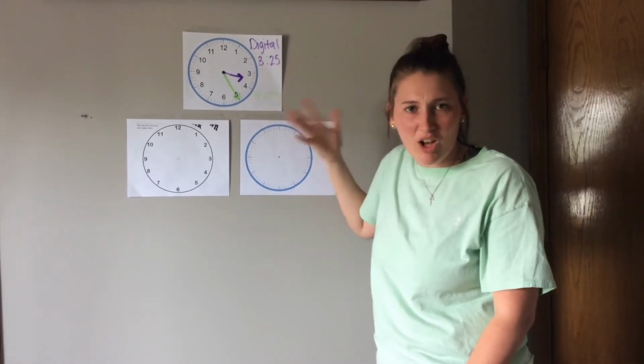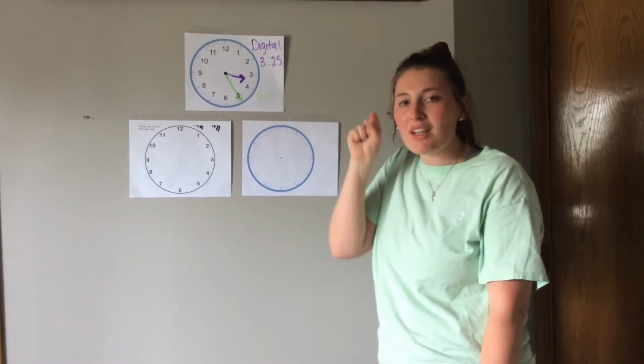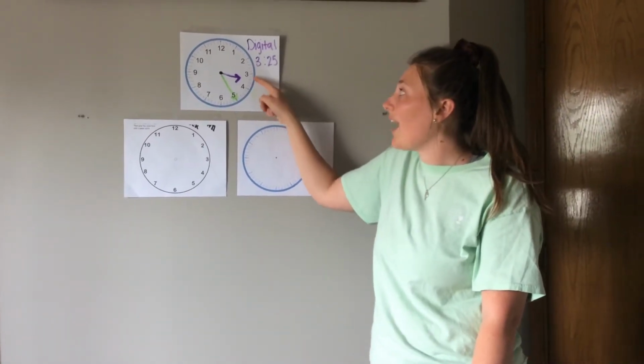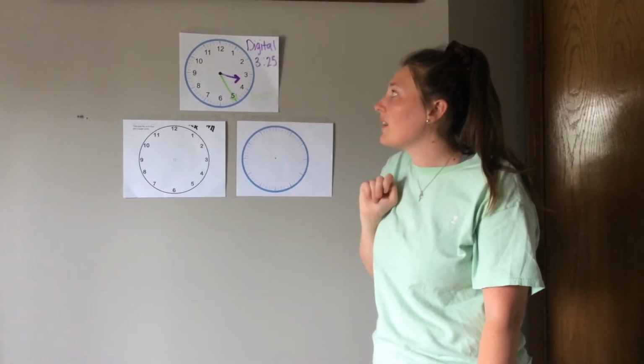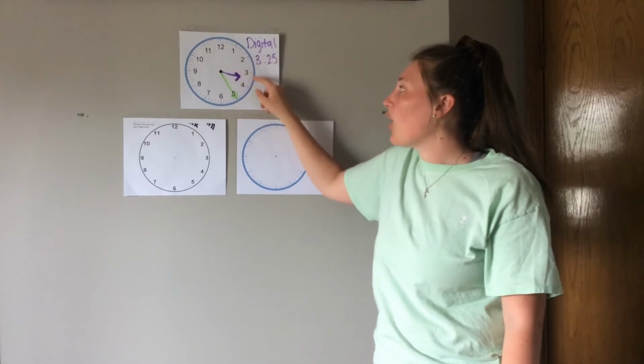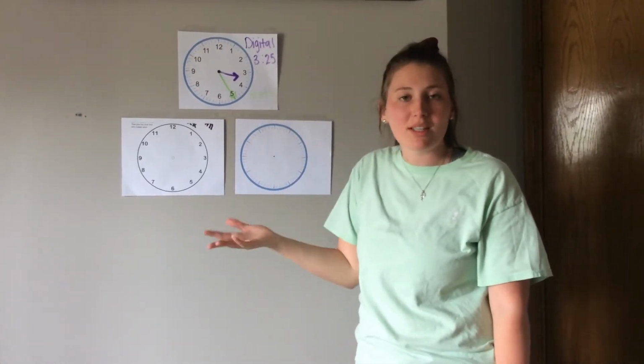Is that a very long way to move? No. So it has to move just a tiny bit, because it has to take an entire 60 minutes or 1 hour to move from here to here. But our minute hand, that hand moves all the way around the clock. So it moves faster, we notice it more.